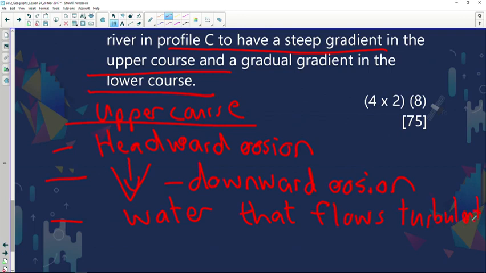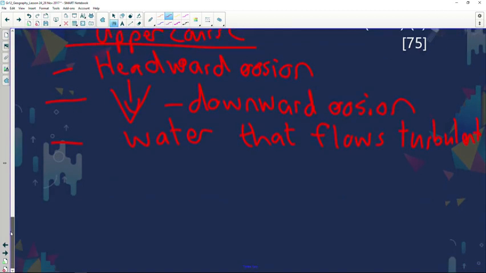Now, if we look at the question, the reason why it's such a gradual gradient in the lower course, why is it so beautifully concave in slope?